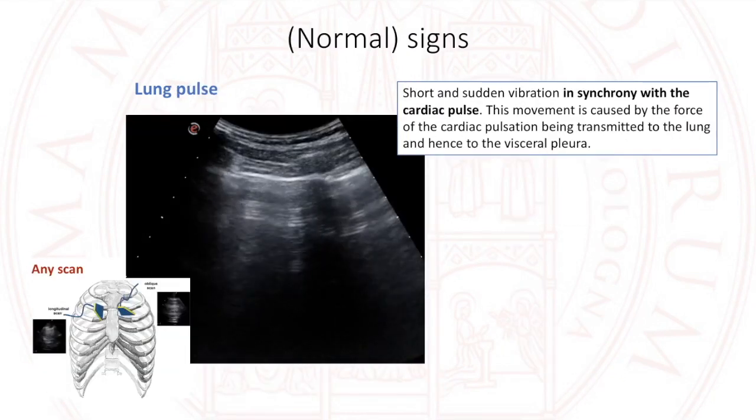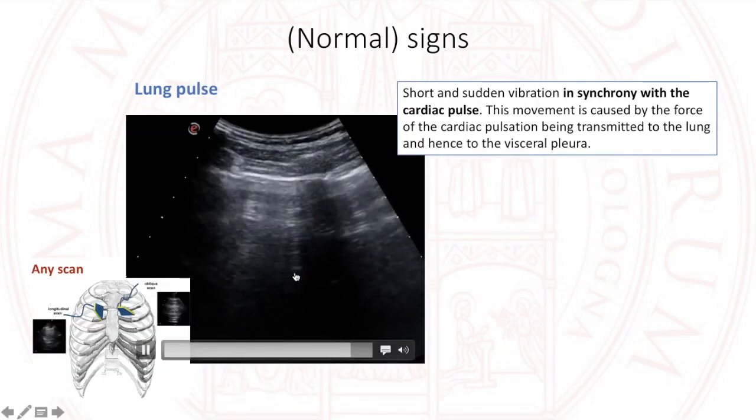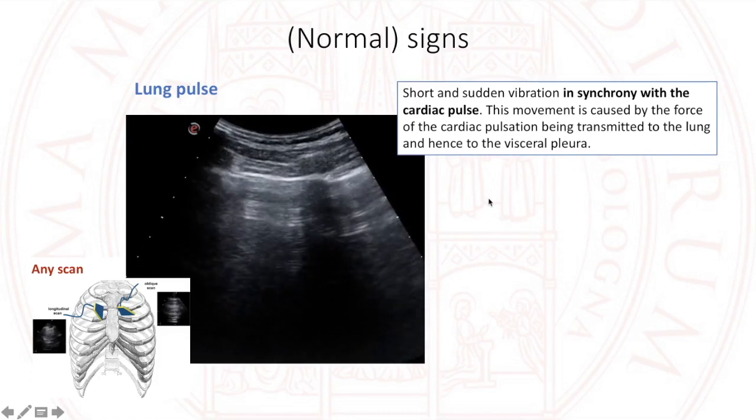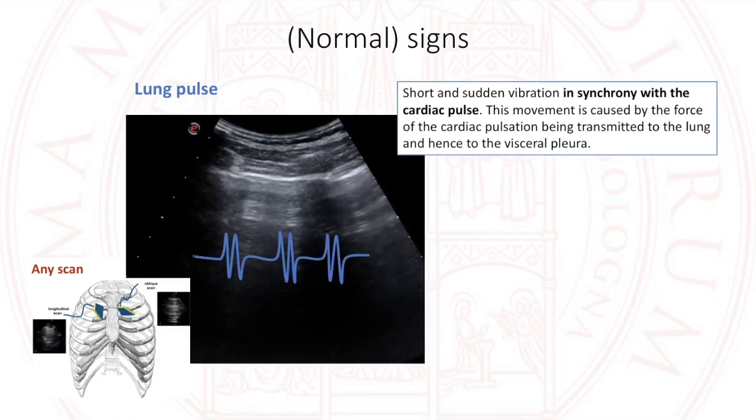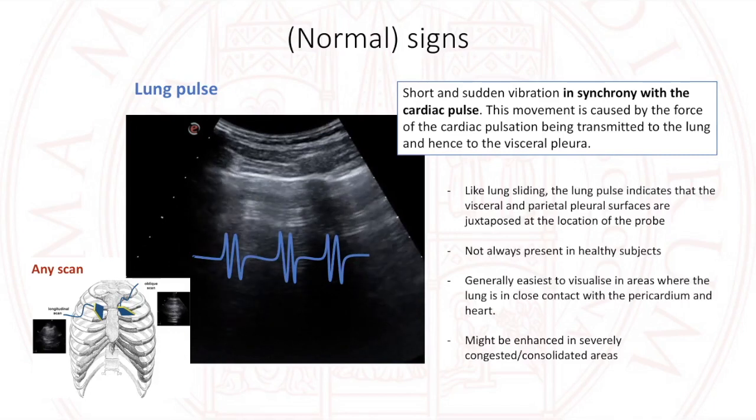Another sign that we could see is the lung pulse. Now you see the patient is not breathing, but we still see some movement. You see, this movement happens in synchrony with the cardiac pulse, because it is made by the mechanical force of the heart being transmitted to the two pleural layers.